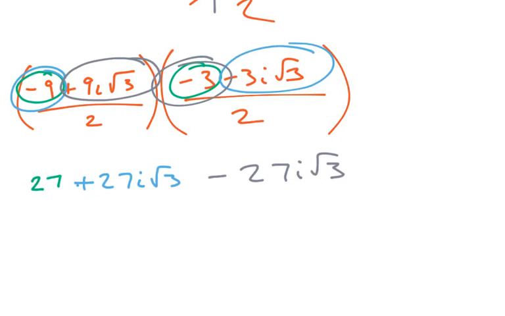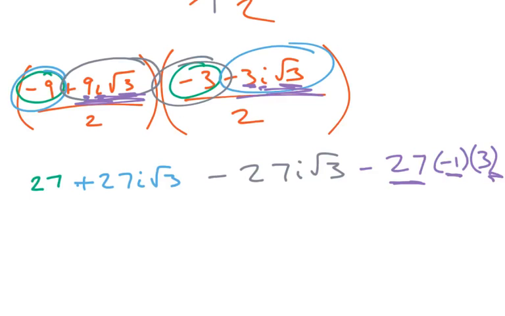Notice it's the same effect from last time. And then you have 9i√3 times negative 3i√3, which is negative 27. i squared is still negative 1, and square root 3 times square root 3 is 3. So again, 9 times negative 3 is negative 27, i times i is negative 1, square root 3 times square root 3 is 3. Okay, it's all over 4.